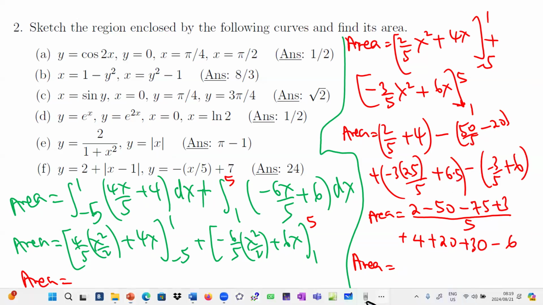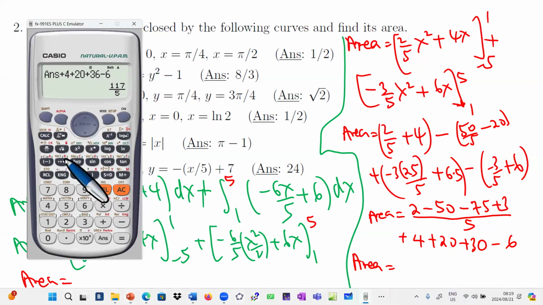Right, so you're going to have, for example, 2 minus 50 minus 75 plus 3. You divide by 5.